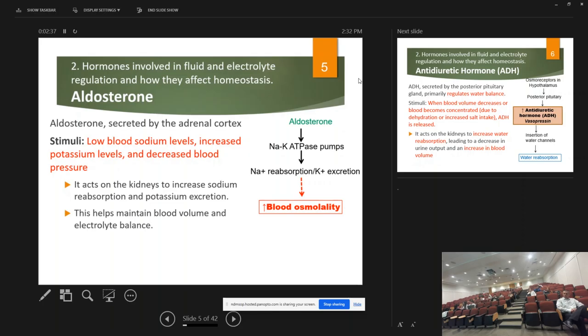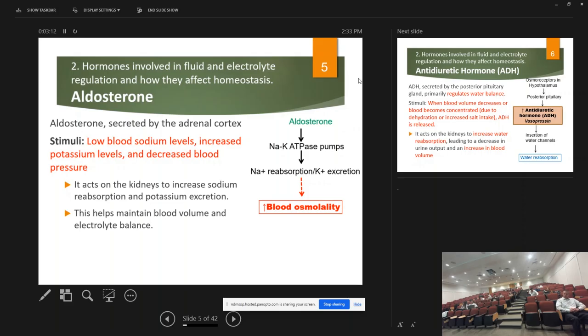I heard adrenal cortex, right? Which sits on top of the kidney. So when the kidney senses low sodium, increased potassium, or decreased blood pressure, it relays that information and releases the aldosterone. Once released, through the sodium-potassium ATPase pump, it causes reabsorption of sodium and excretion of potassium.